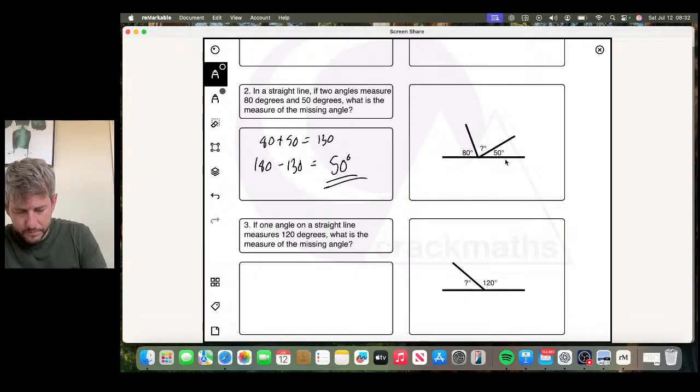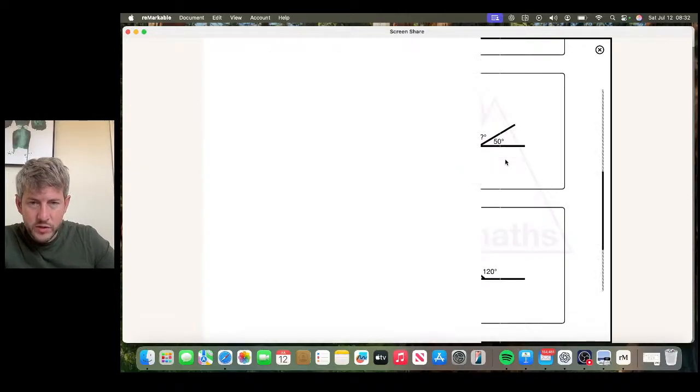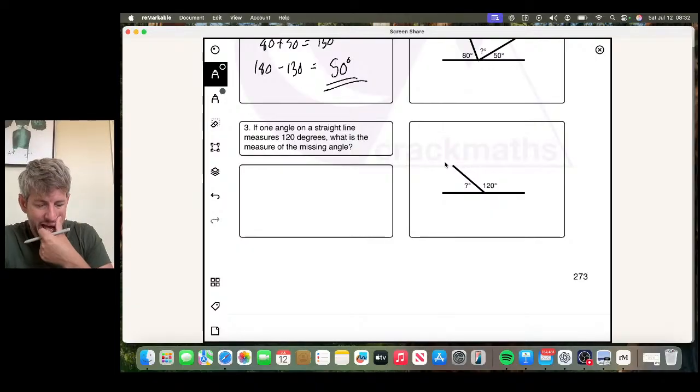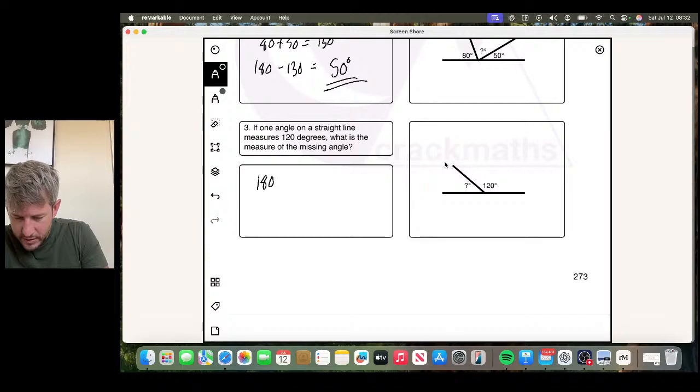So there we go. Right, question 3. If one angle on a straight line measures 120 degrees, what is the measure of the missing angle? Okay, so we're going to do 180 degrees minus 120, and that will equal 60 degrees.